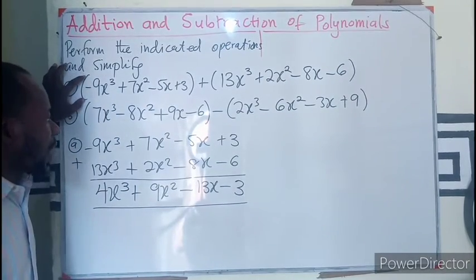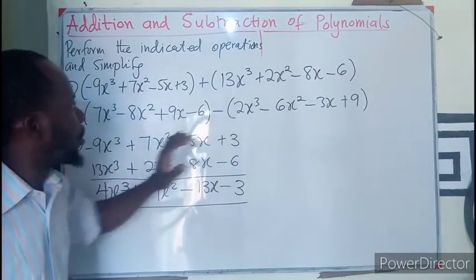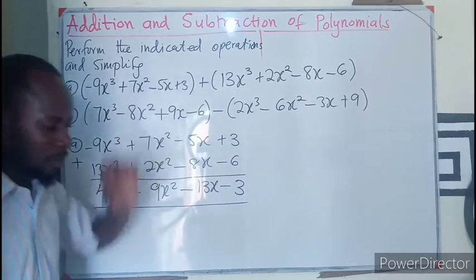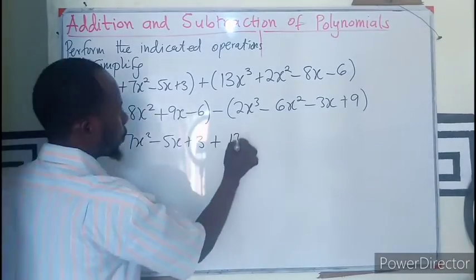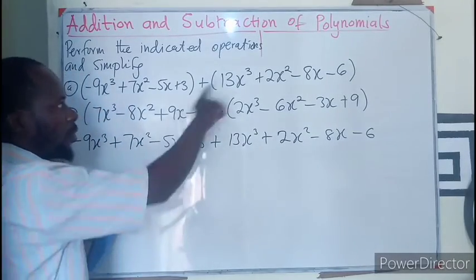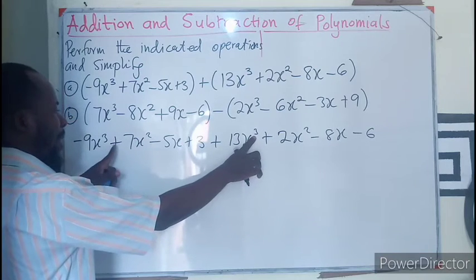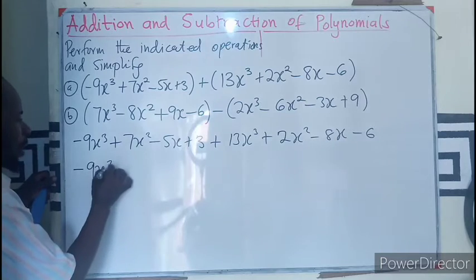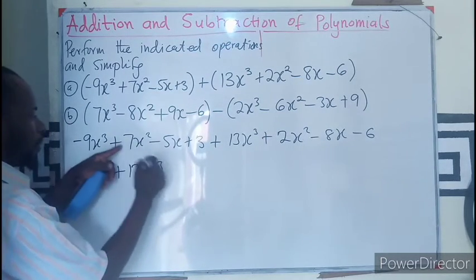But for the same question, if you want to do it in a horizontal way, meaning you are going to open the bracket and group like terms. So after removing the bracket, you are now going to group those with the same power together, meaning minus 9x to the power 3 plus 13x to the power 3.